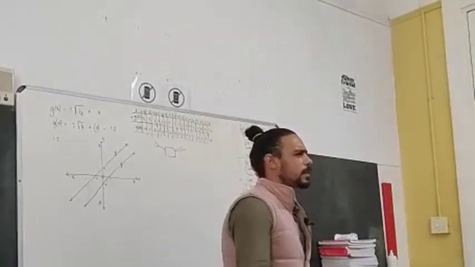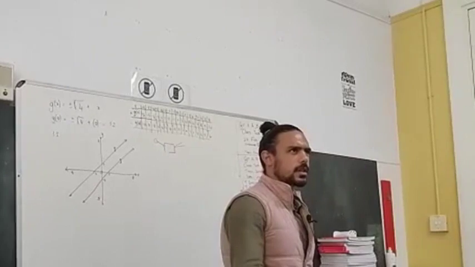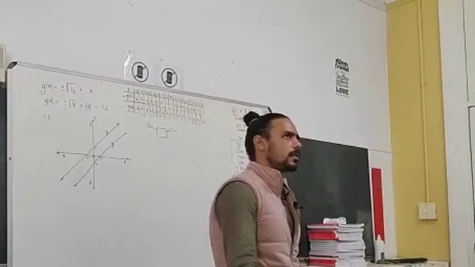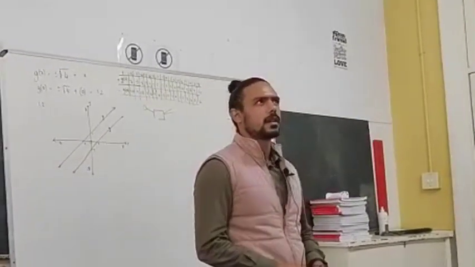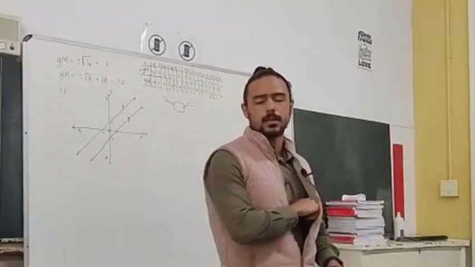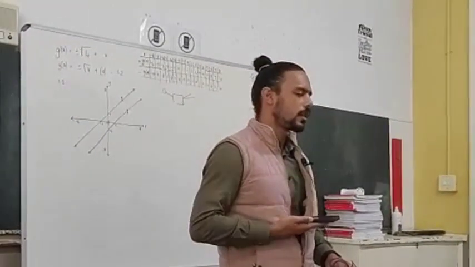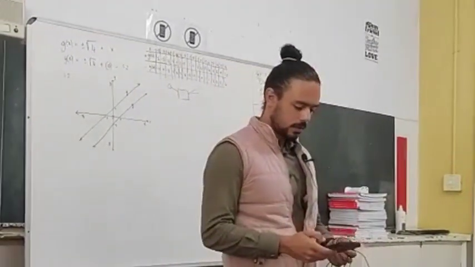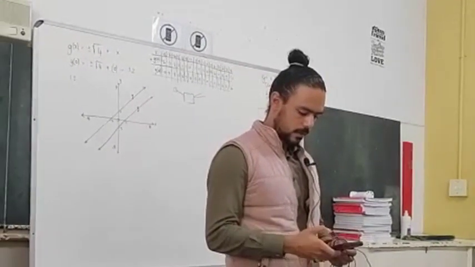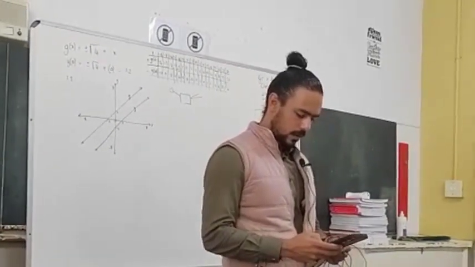Alright, before I forget, I want you to do question number 3 for homework today. Question number 3 of the control test that I sent on the group last year. I just want to check if it's the right one.